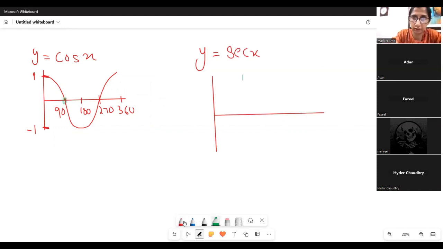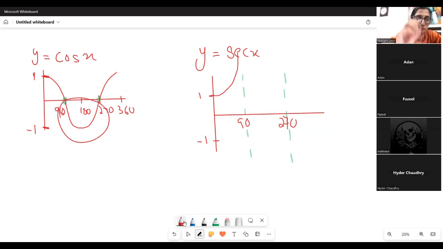So an asymptote at 90 and an asymptote at 270. 90, 270. 1 is going to stay 1 and -1 is going to stay -1. Now this is a positive curve. It starts from 1. So we'll also start from 1 and we'll draw an upward curve like this.